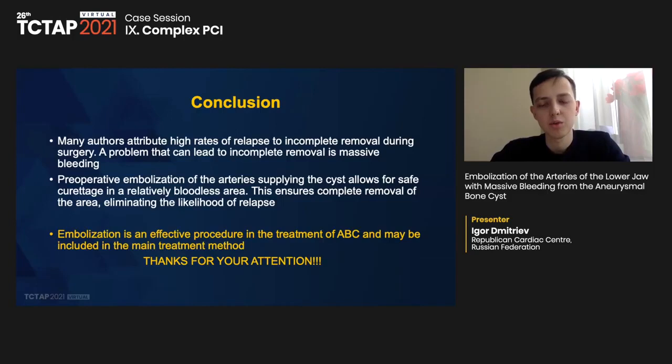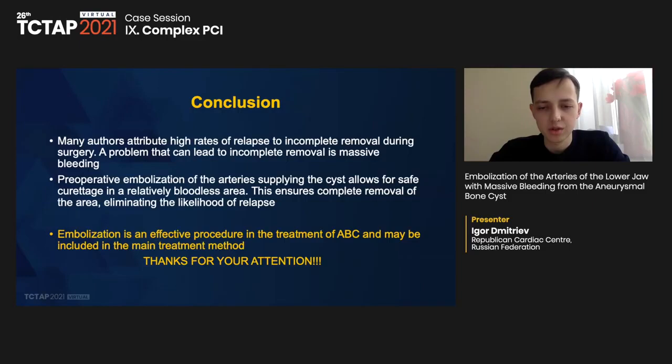Many attribute high rates of relapse to incomplete removal during surgery. A problem that can lead to incomplete removal is massive bleeding. Preoperative embolization of the arteries supplying the cyst allows for safe curettage in a relatively bloodless area.